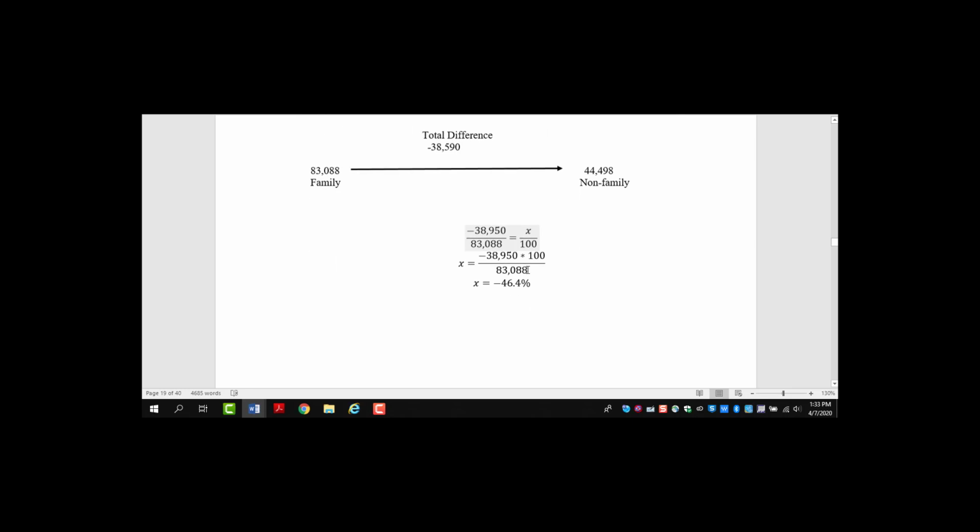And there's the work. Total difference divided by number of family households, some number over 100, cross multiply and divide. And the percent difference is 46.4% negative.